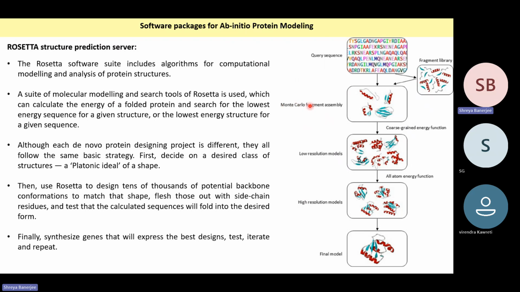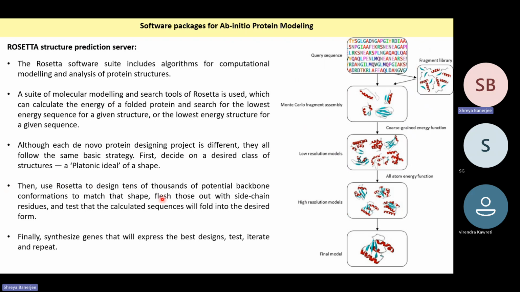We saw the Monte Carlo algorithm where from high energy, it can go to low energy by randomly going through the energy landscape in a probability-based method. So using the Monte Carlo algorithm, the Rosetta software basically predicts the lowest energy structure of a given sequence. Or if we start with the structure, it will predict the lowest energy sequence of the given structure.